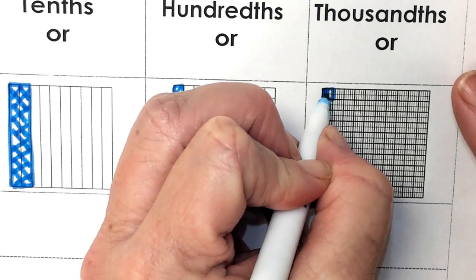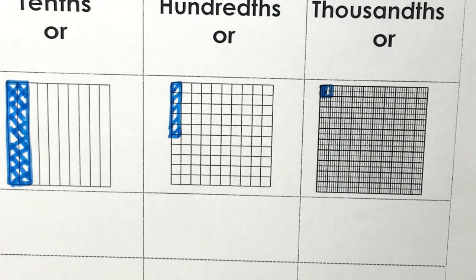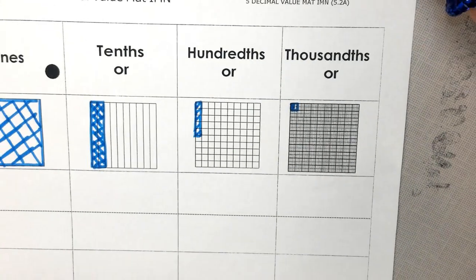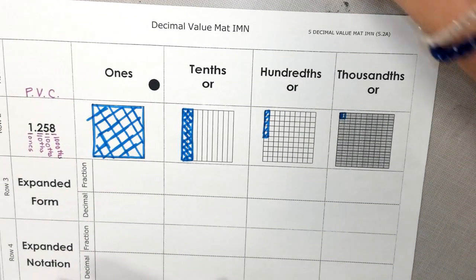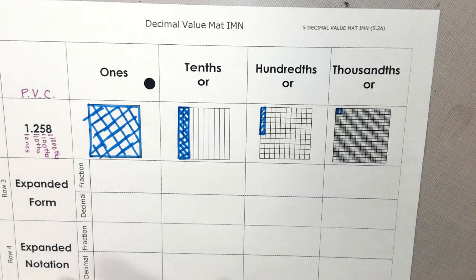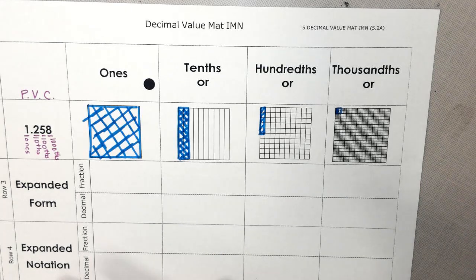So I'm going to leave 2 unshaded. Now I'm going to zoom back out just like that. Okay? So this is basically the number that we have on our blue tray.